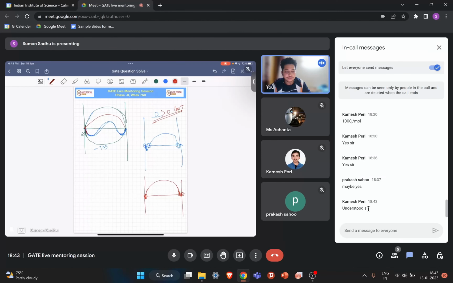I am not discussing why it happens, because it is just a mathematical concept, so you can easily find it by yourself also. But now let us see how we can get the chemical potential from a free energy versus composition diagram. Then we'll go to the miscibility gap concept.